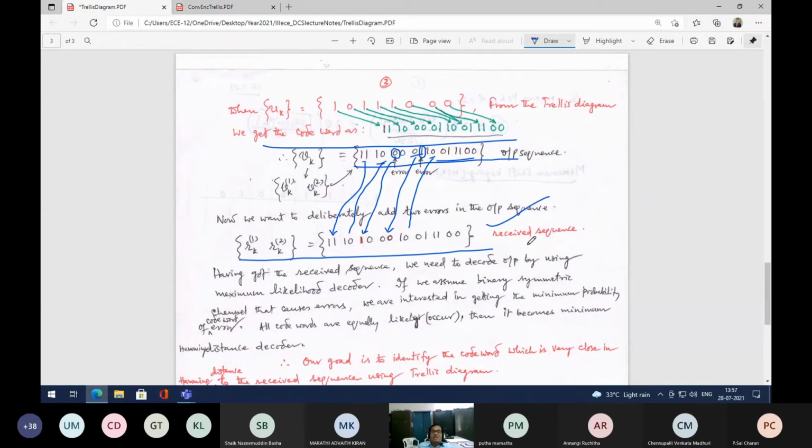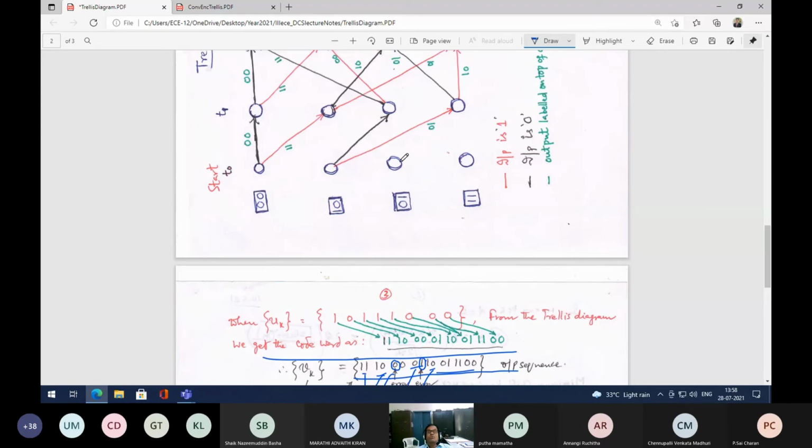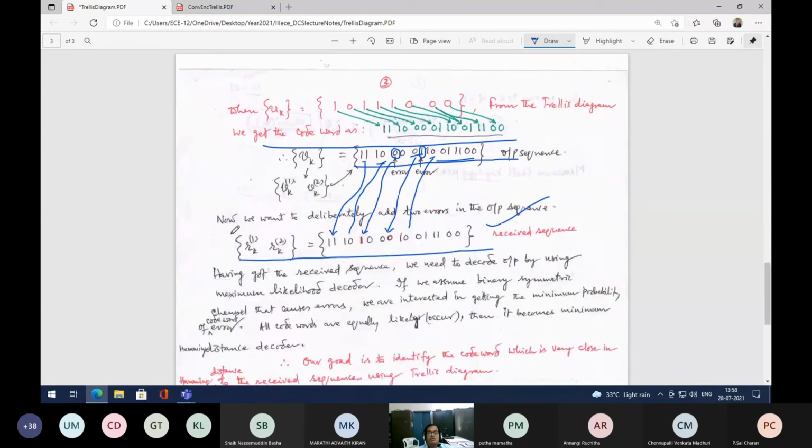How is this trellis diagram going to help us in detecting the appropriate transmitted sequence? For that, we have to use the maximum likelihood decoder. In the sense, we have to choose the closest code word possible from the Trellis diagram which is matching the received sequence.